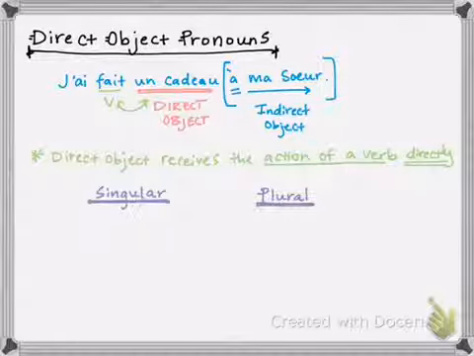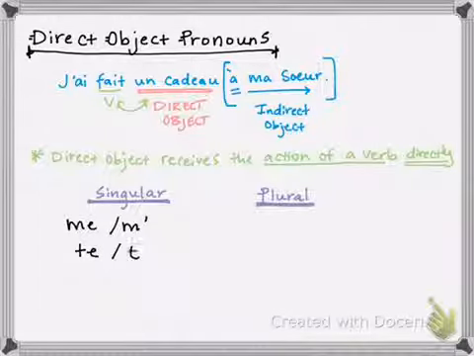All right, so for my singulars, what I have are me, or m' before a vowel. We have te, or t' before a vowel. Okay, so already this looks exactly like our indirect object pronouns, right? Then we have differences with our masculines, because in indirect object pronouns, it's just lui.